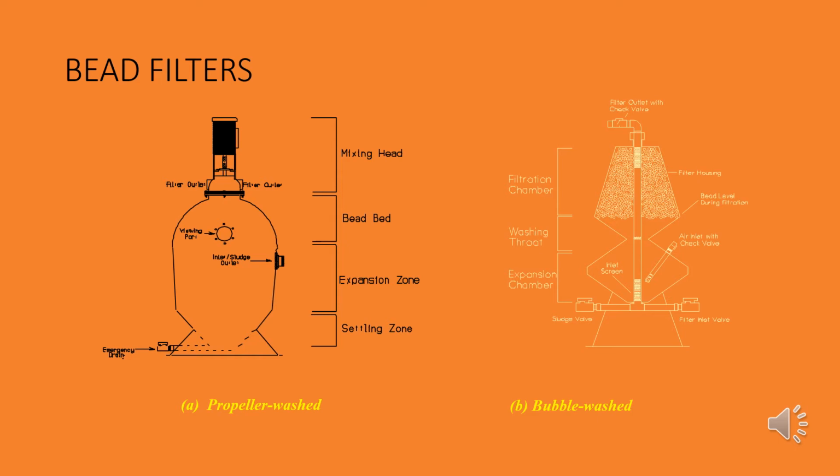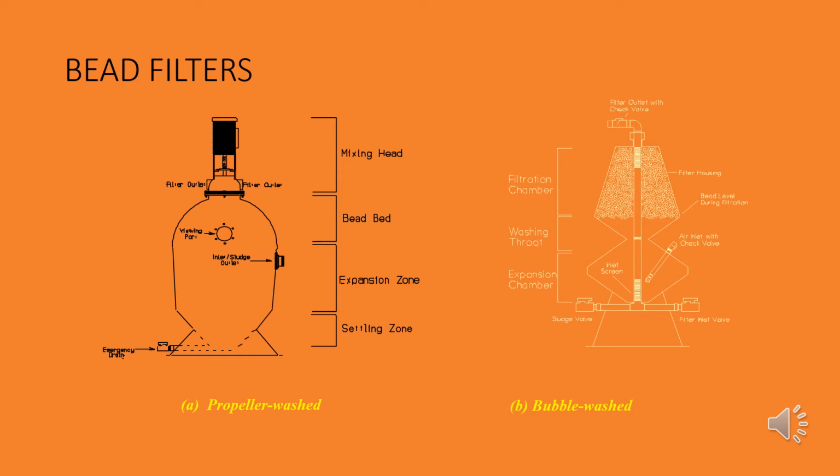The design on the right is probably the more common and the least expensive. A bubble wash system uses minimal mechanization to make it work. Essentially, if you stop the flow of water and drain the system, air rushes into the upper chamber and essentially knocks all the beads around and loosens up or removes the dirt. All of that sludge drains to the bottom where you can remove it later.